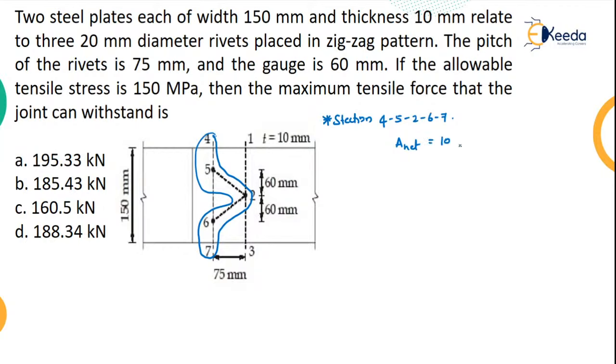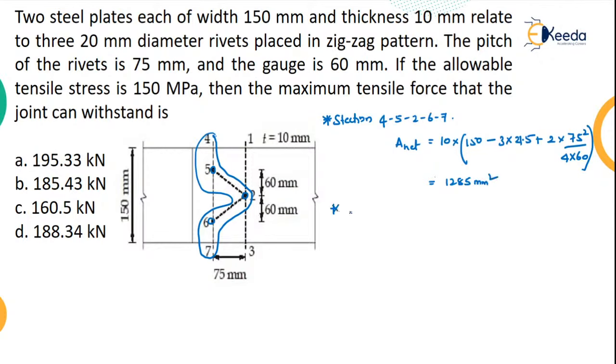Again the plate thickness into the breadth, which is 150 minus 3 into 21.5, because there are 3 rivets which have to be subtracted, plus 2 times pitch square by 4 times gauge, that is 75 squared by 4 into 60. Understood? So this will give you a value equal to 1285 mm square.